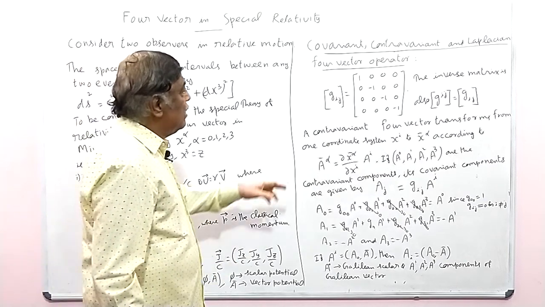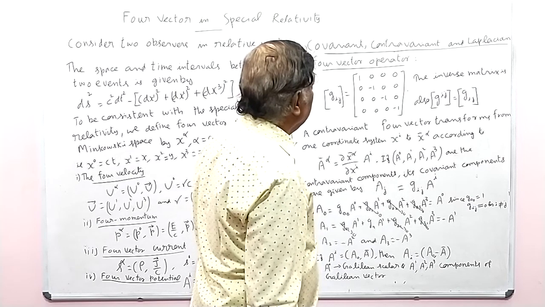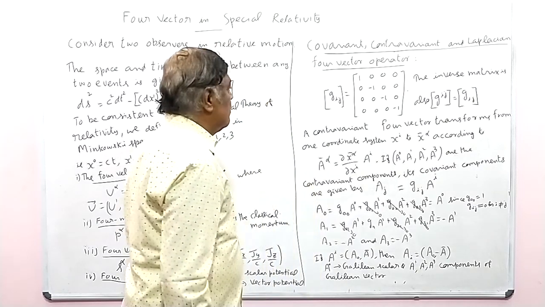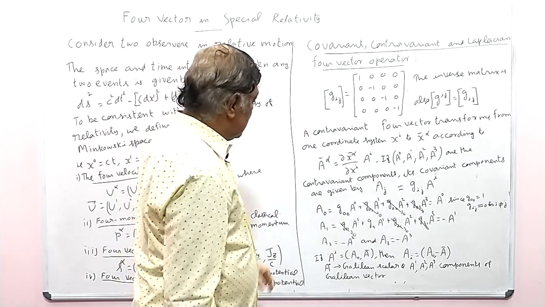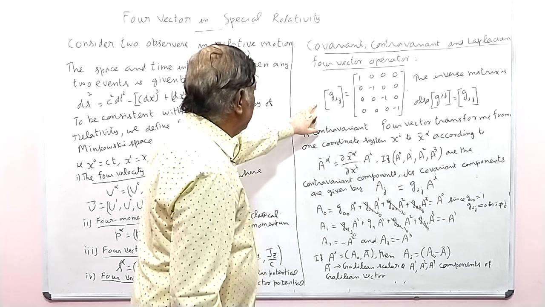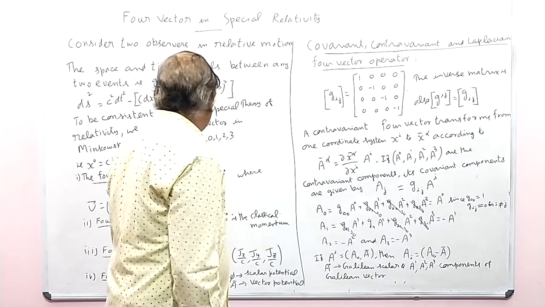Now let us discuss the covariant, contravariant and Laplacian four vector operators. So we are going to discuss the four vector operators. Let us take the metric tensor in the Minkowski space.